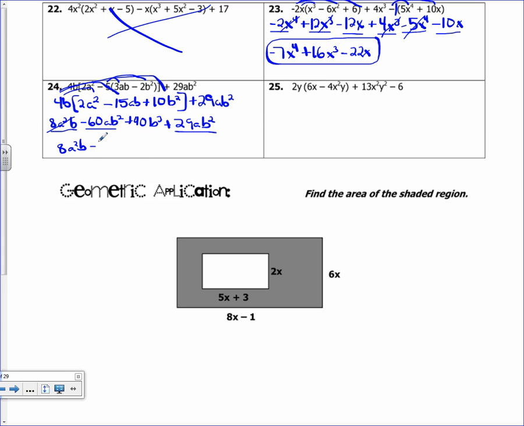When you add those together, you'll get negative 31ab squared. And then we're just left with 40b cubed, positive, so plus. And there we go.